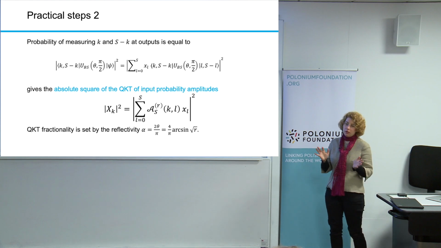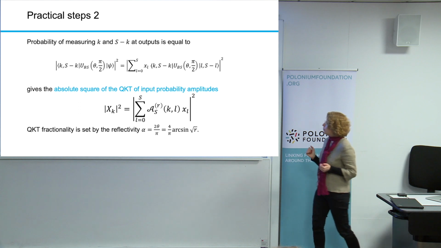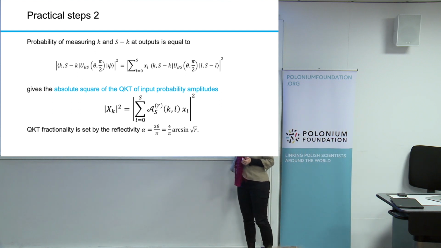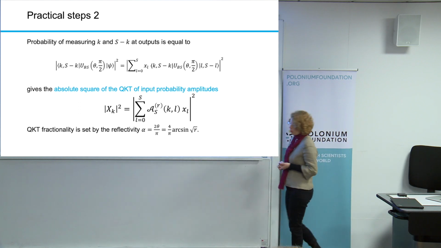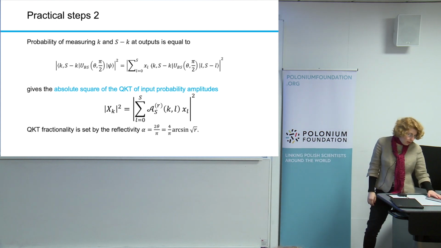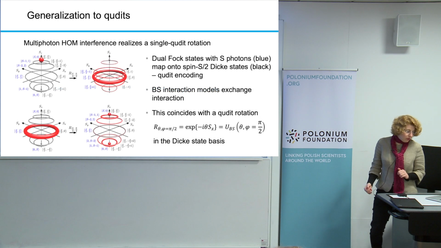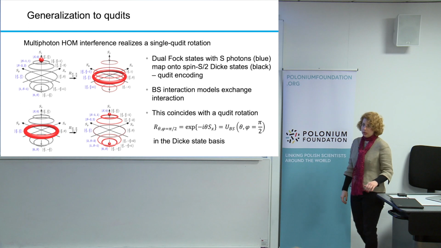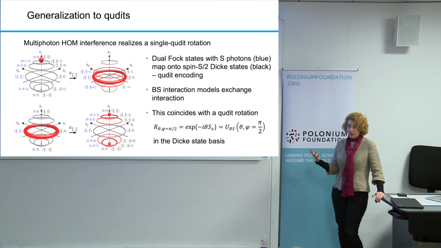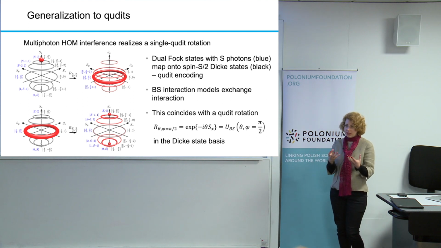If this is something lower, then we have some other angle, which can be computed according to this very simple formula. And one can further generalize this result by just playing with these photons and examining how they interfere.